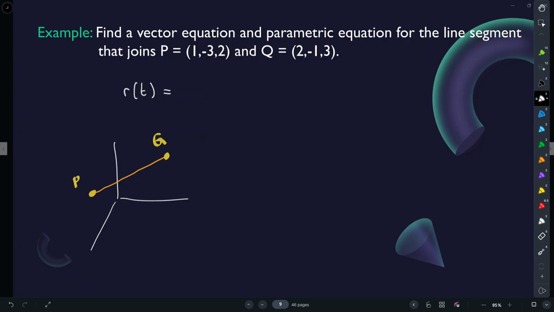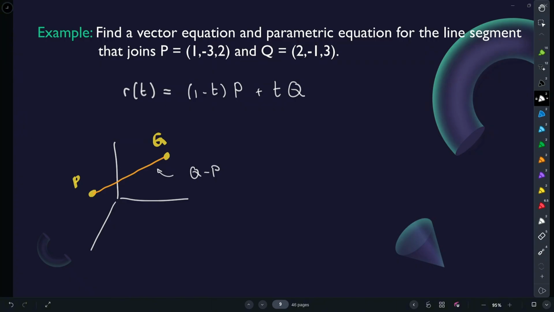So what I can do is start at P, and then add this vector here, which is the vector Q minus P. So I can just go in that direction. So if I do, for example, 1 minus t times P plus t times Q, what does that do?